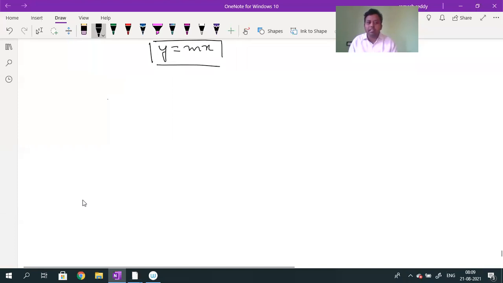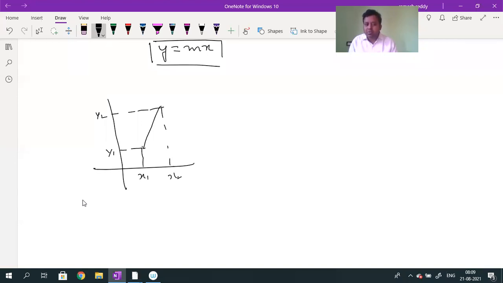For example, a straight line is given like this. Now this is the straight line given to us. This value is y1 and this value is y2. And for the x coordinate, this value is x1 and this value is x2.